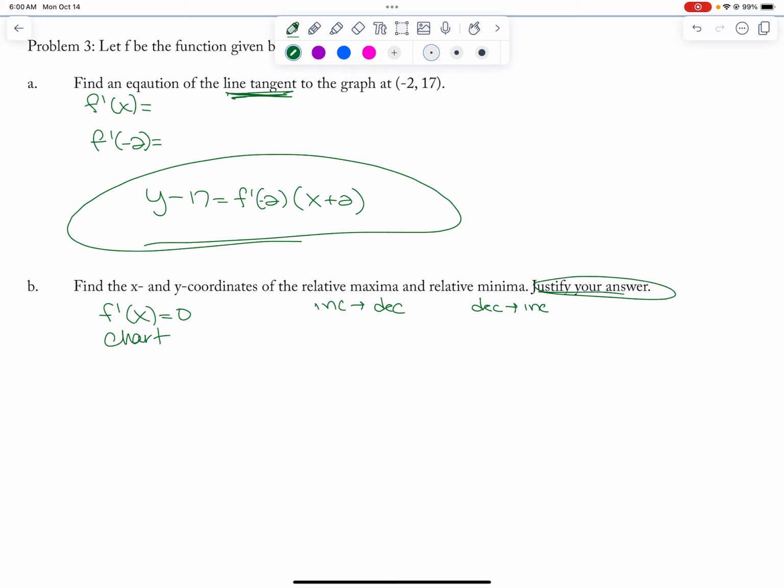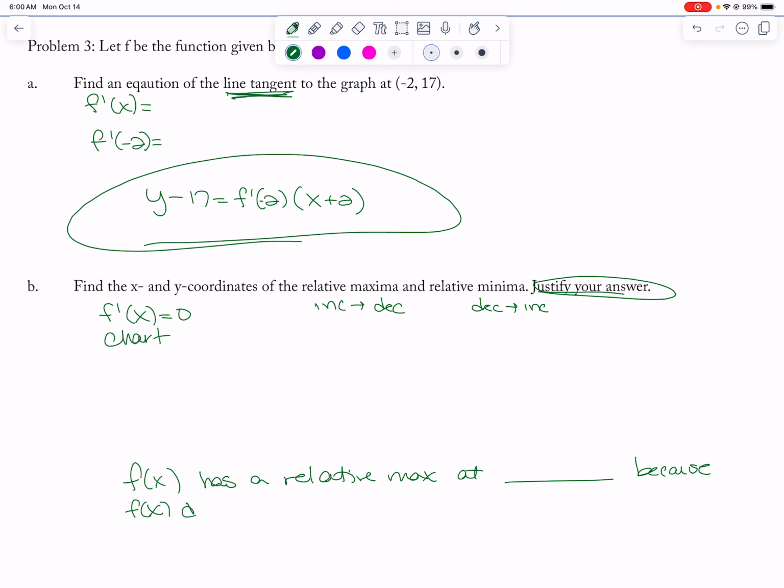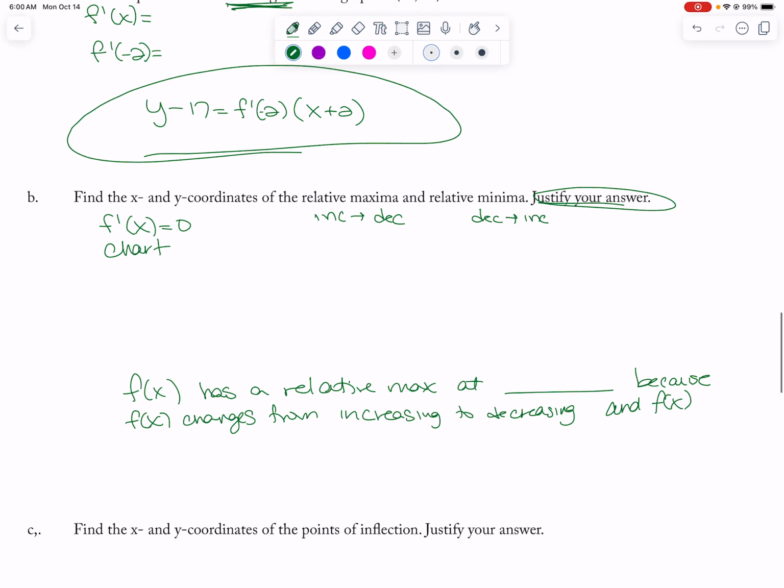When I justify my answer, I will say f of x has a relative max at, because f of x changes from increasing to decreasing, and f of x has a relative min at, and it should be a coordinate point, right?